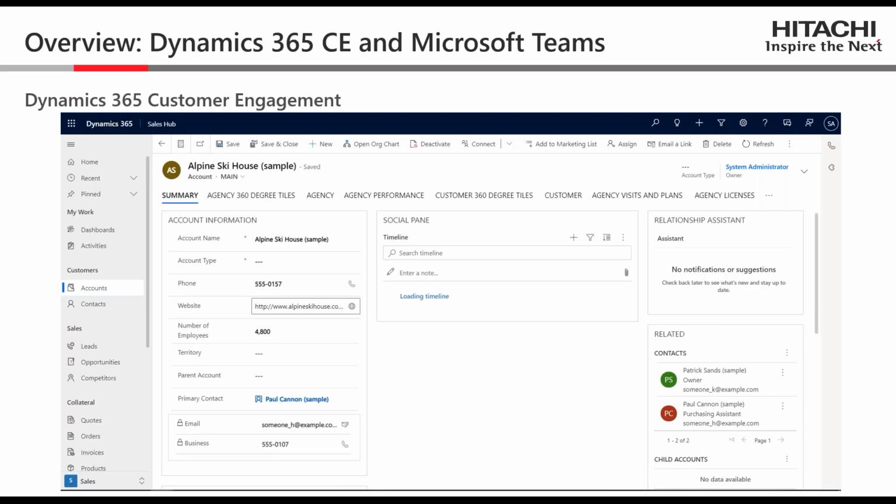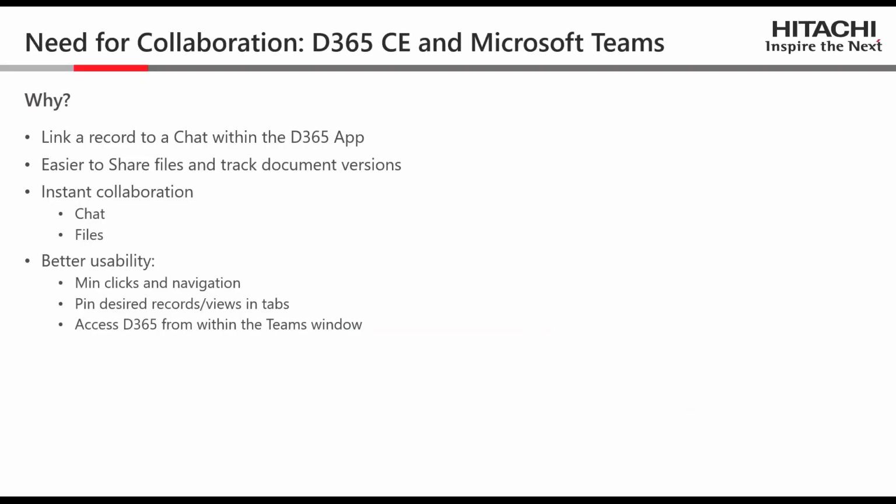and let me give you an overview of why we are collaborating between Microsoft Teams and Dynamics 365. So as a user, I often find it cumbersome to merge documents. What I mean by that is, let's say I'm working on an opportunity, and I'm collaborating with five of my colleagues.